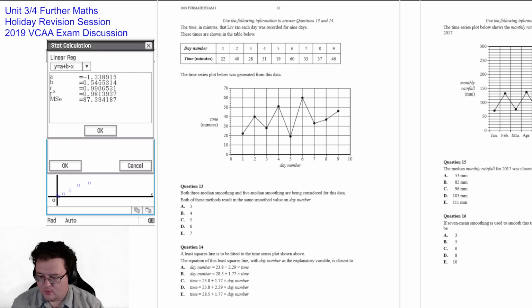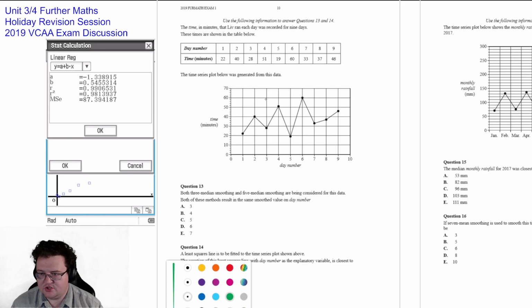So, let's scribble on our graph a little bit. If I look at these three points here, so day 1, day 2, day 3, where's the median? It's that one there. If I look at these 3, the median is there.